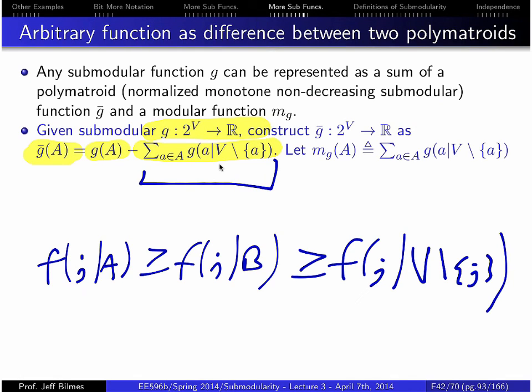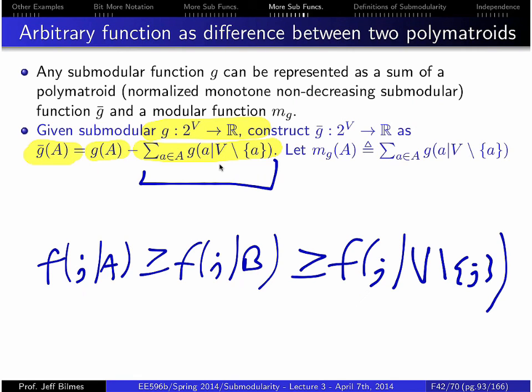The context can't get any bigger. I mean, it could get bigger, but then we just get 0, because adding j to V is still V, and so we get f of V minus f of V. No matter what, it's going to be 0. So this is the smallest possible gain of j that's not trivially 0.